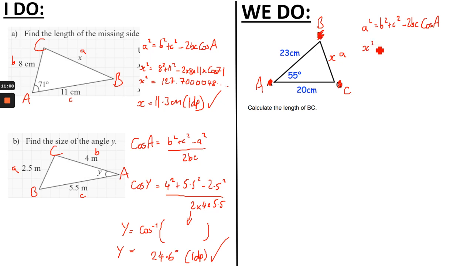So we've got x squared equals 20 squared plus 23 squared minus 2 times 20 times 23 cos 55.